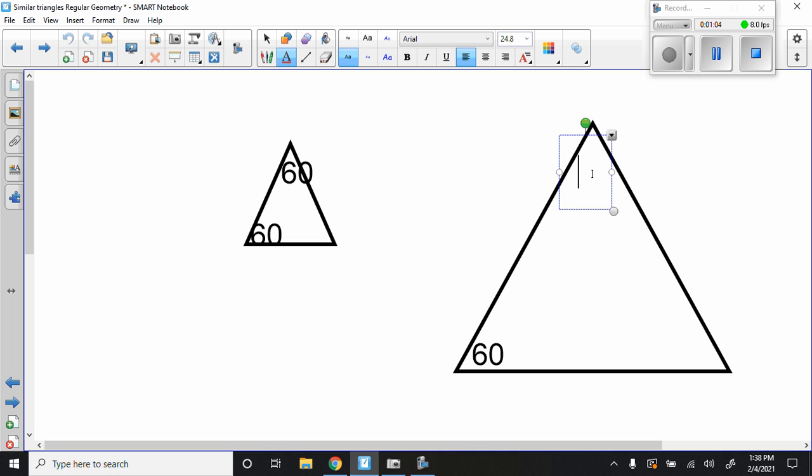These triangles have to be similar because both triangles have 2 60s. And the third angle would have to be the remaining of the 180. So we don't say similar by AAA, we say similar by 2 A's.